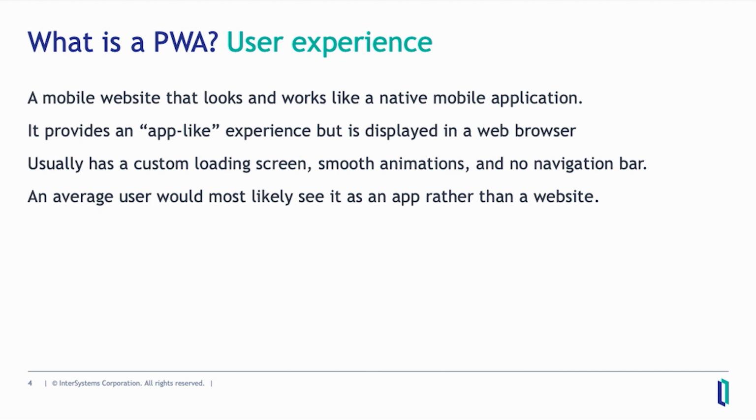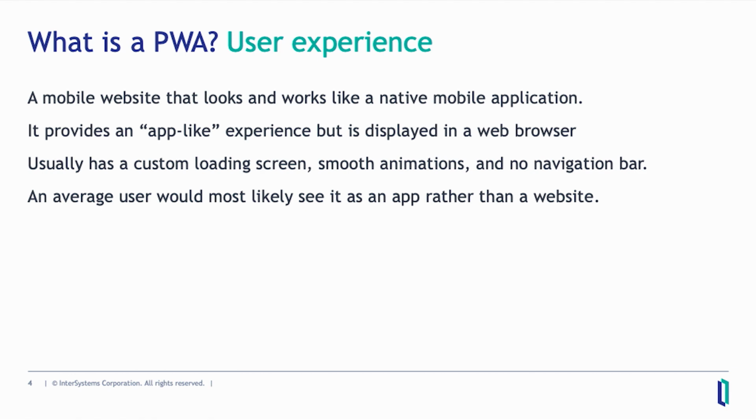So as I just said, the user experience is a mobile website, but it works more like a native mobile application. The app-like experience gets into things like getting a tile that you can install, quote unquote, on your mobile device, just like you'd get from Google Play or the iOS App Store.